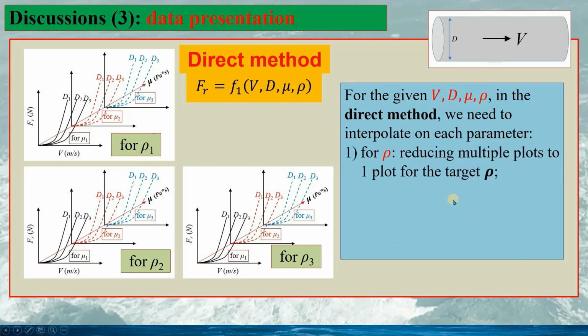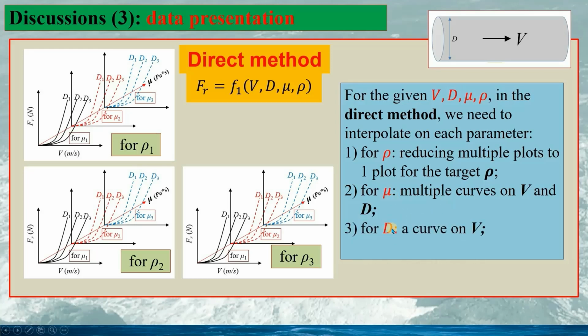So what we can do is, first step, to reduce the multiple plots given as this into one plot for the corresponding density. And then we can reduce the multiple curves on V and D by interpolating the fluid viscosity.